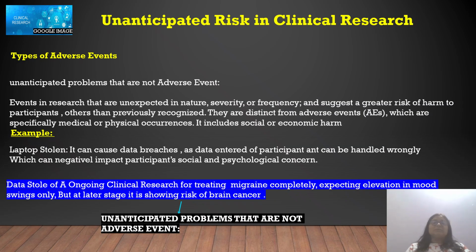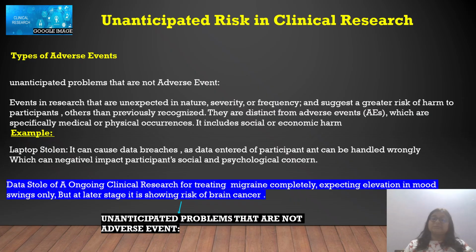Now there is a third type also, or you can say a different category of unanticipated problems that are not adverse events. Earlier we talked about adverse events that are unanticipated and adverse events that are not unanticipated.